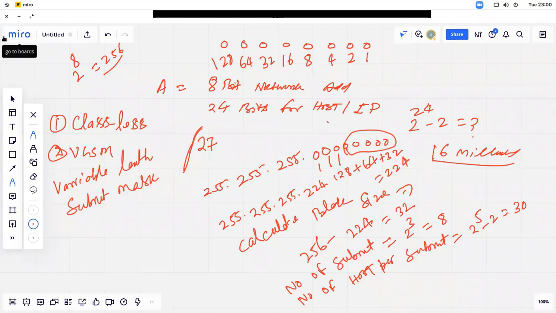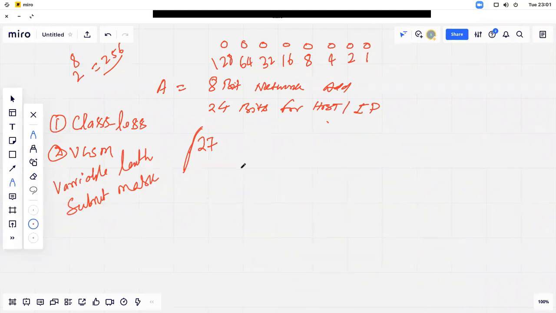Next we'll create a table of these 8 subnets and write the first address, last address and broadcast address. So let me remove this. The subnet mask we got from this is 255.255.255.224. This was the subnet mask to create 27 bits.